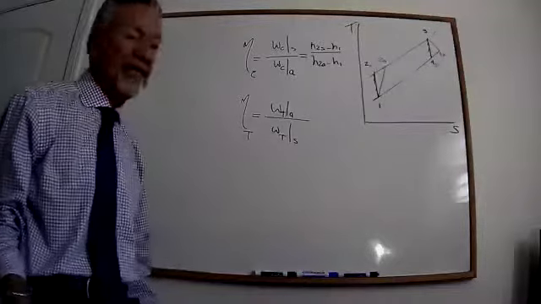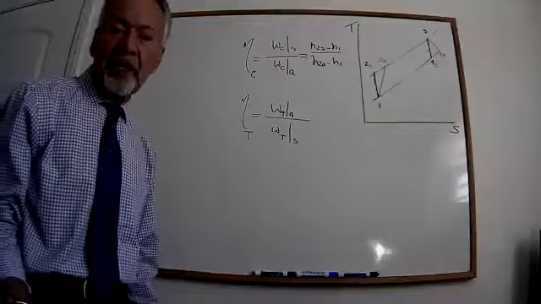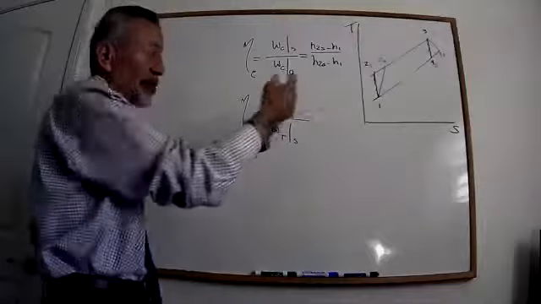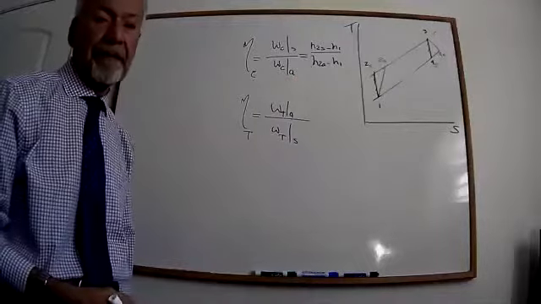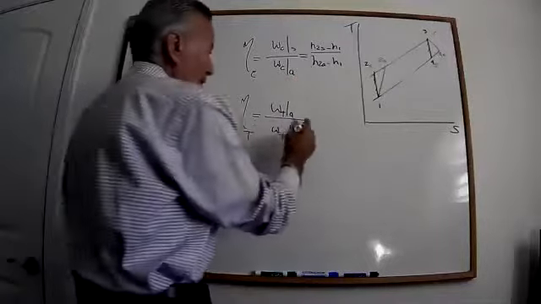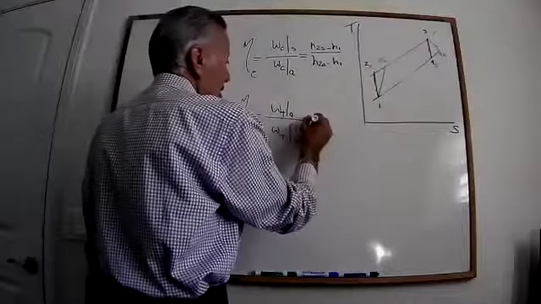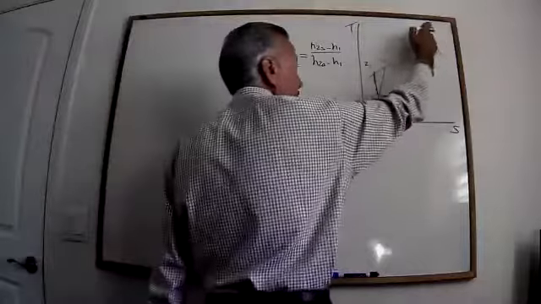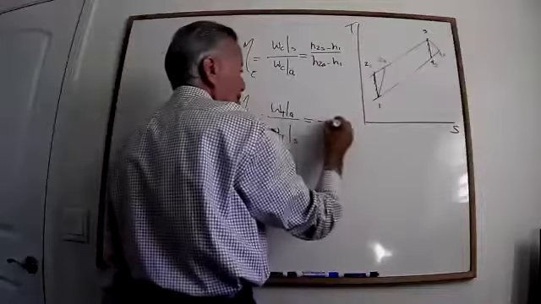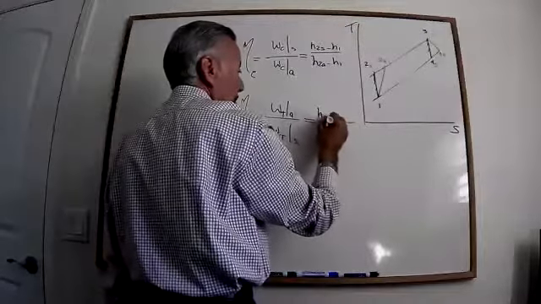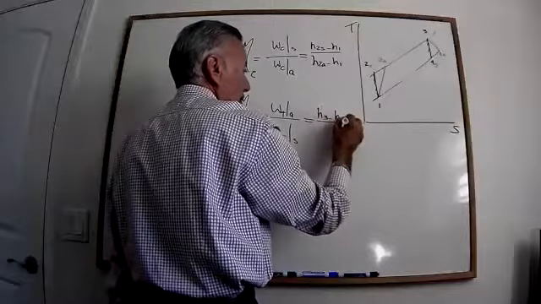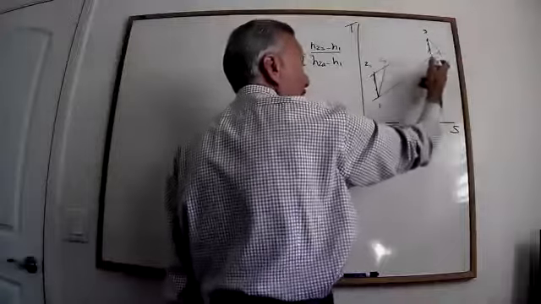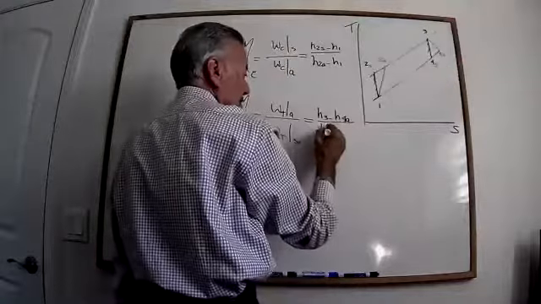You don't have to memorize anything here. You build this relationship based on your knowledge and based on what you see on the TS diagram. Similarly, for the turbine, the actual work of a turbine is H3 minus H4A, and the isentropic value is H3 minus H4S.